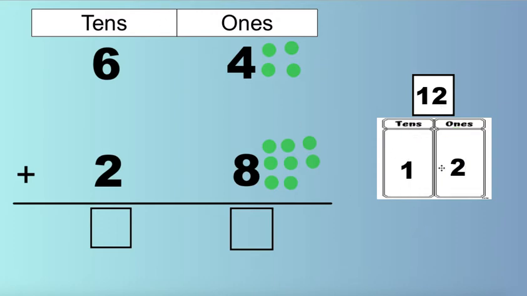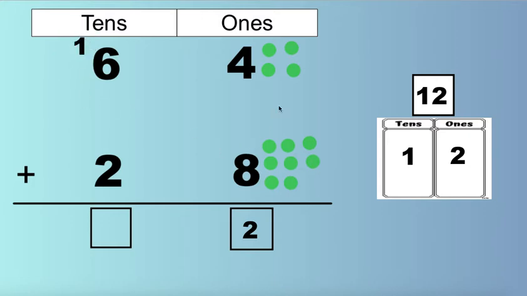Now that's going to help me to figure out how to break up my number with regrouping. So the number 12, I'm going to put the 2 that's in the ones place over here in the ones place. And then my number 1 is in the tens place, so I'm going to put it over here because it's in the tens place.